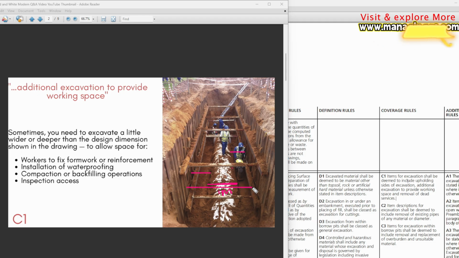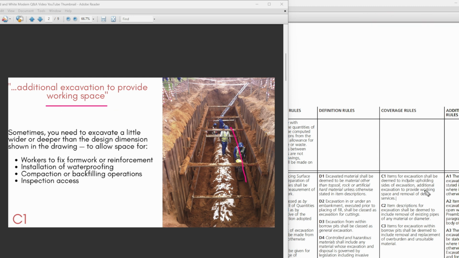So we have to excavate this trench to 2 meters, but only 1 meter is used for the laying, and another 1 meter is for our working space. It is our additional excavation. You cannot claim for this additional excavation, so this excavation should include all the working spaces also.